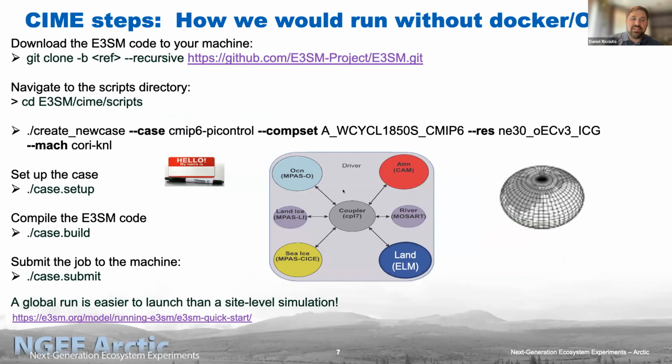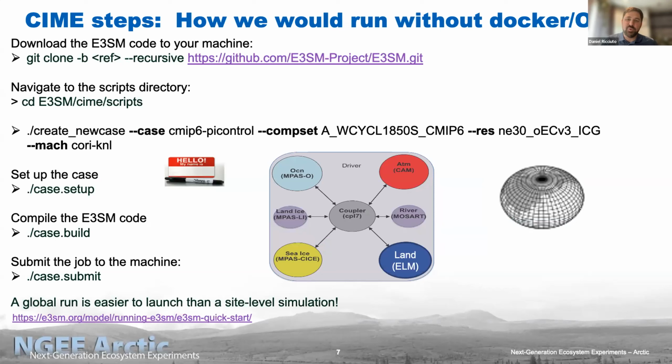Typically, if we didn't have OLMT, then we would have to use the CIME infrastructure to run, which is generally, if you're running a scientifically supported global simulation, relatively simple to do. And there's a quick start guide linked there for how one might start a coupled simulation.